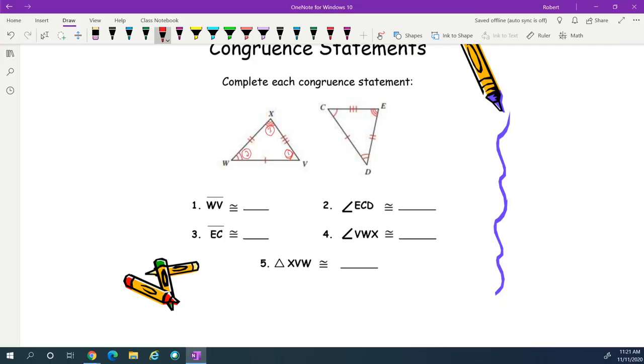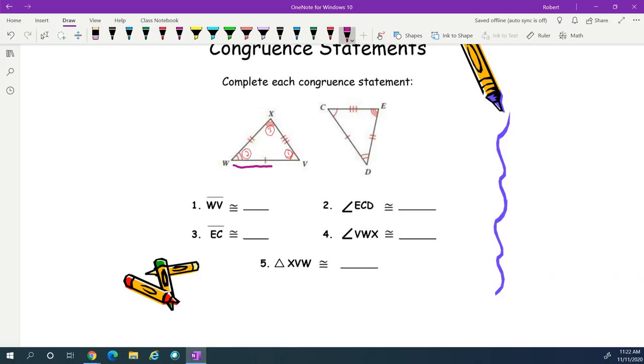So we want to make sure that we have this correct segment, but also the letters are in the correct order. So look at number 1, WV. Well, WV, and I'm putting an arrow because that's the order. They went 1, I'm sorry, erase that, fix this, sorry about that.